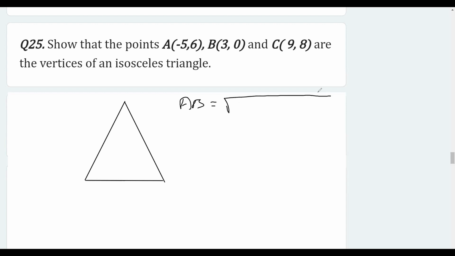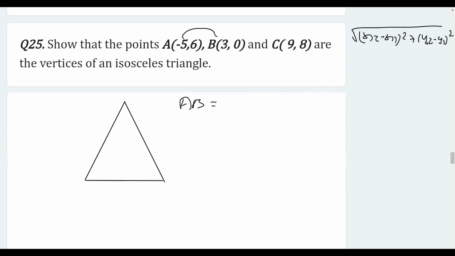So I'm applying the distance formula. As you know, the distance formula is what? It is (x2 minus x1) whole square plus (y2 minus y1) whole square. So let's say I get the length of AB, say this is 2 and this is 1. So x2 minus x1, that is 3 minus minus 5, right? That's why I'm placing a plus sign. Plus (y2 minus y1) whole square, that is (0 minus 6) whole square.